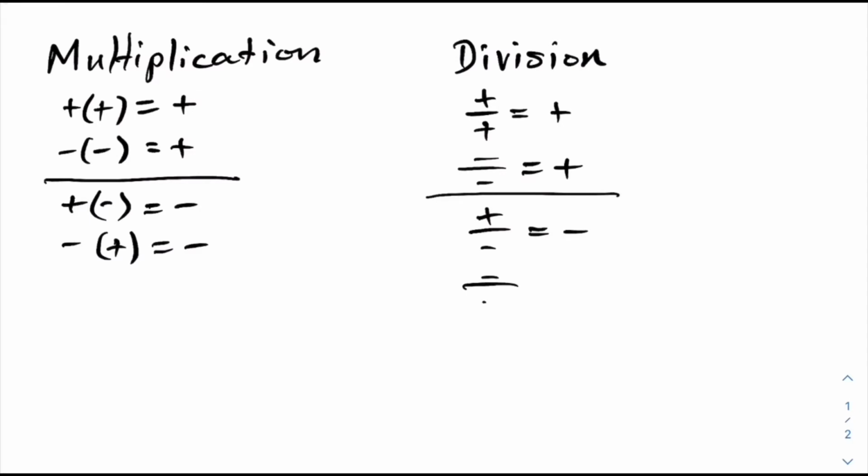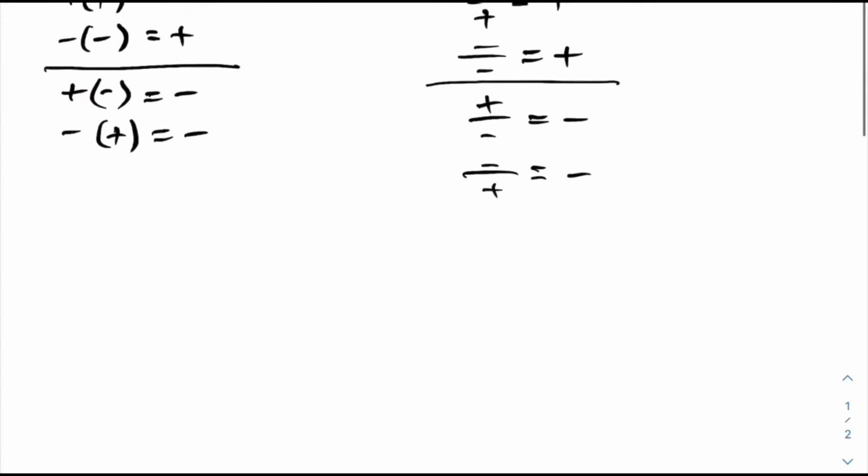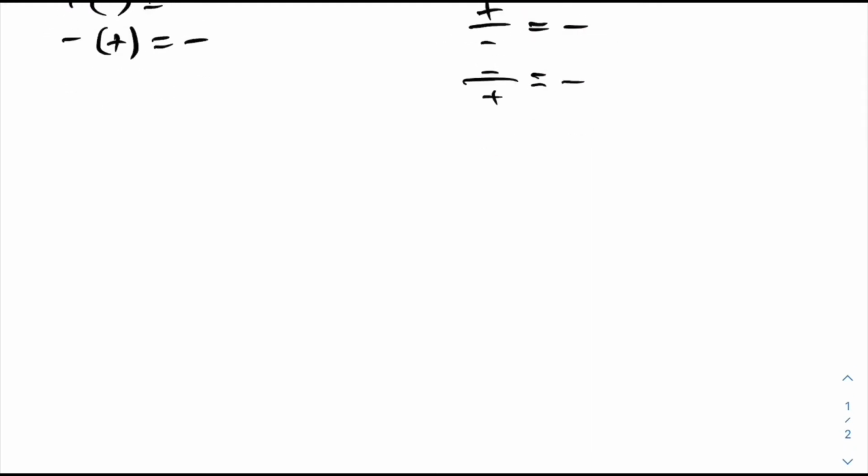Positive divided by negative is negative, and negative divided by positive is negative. Like multiplication, when you're dividing the same sign, you're going to get positive, and if you're dividing two different signs, you're going to get negative. The order doesn't matter.